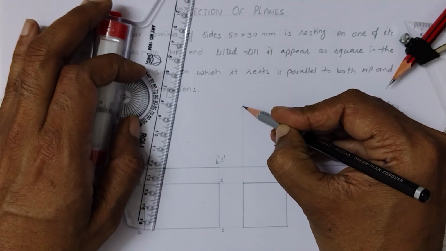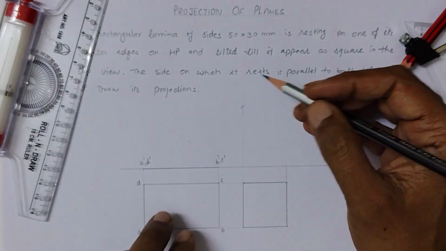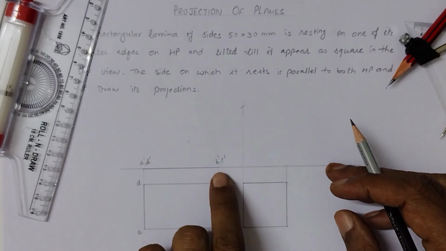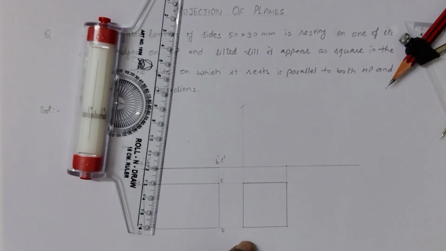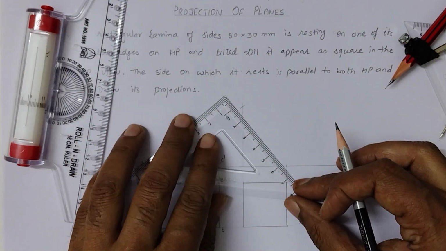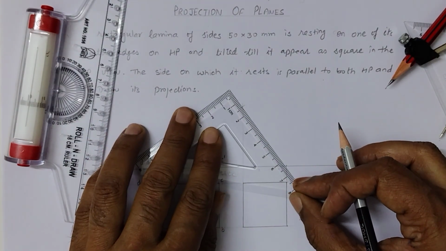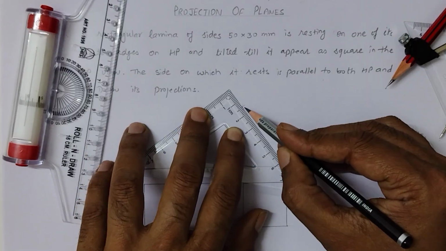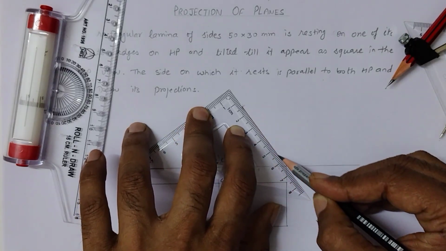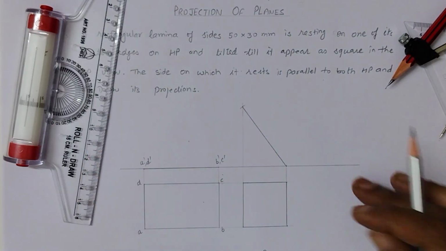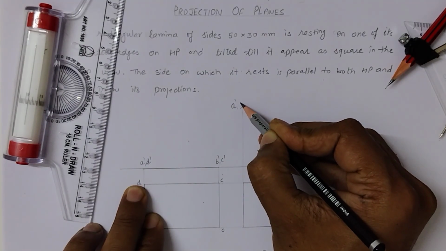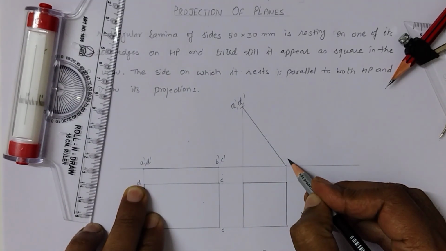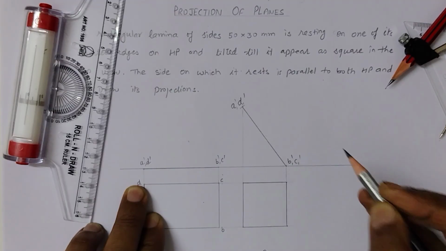So this is the end point of the projection. Join these 2 points end to end. Name the projection as A1 dash, D1 dash, similarly B1 dash, C1 dash.